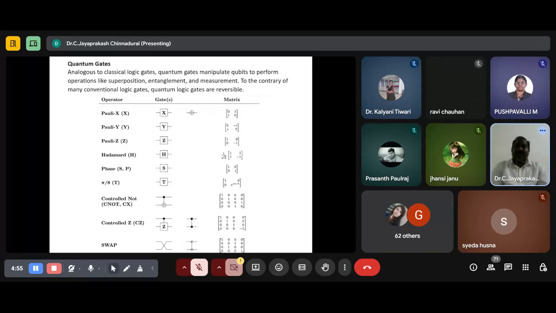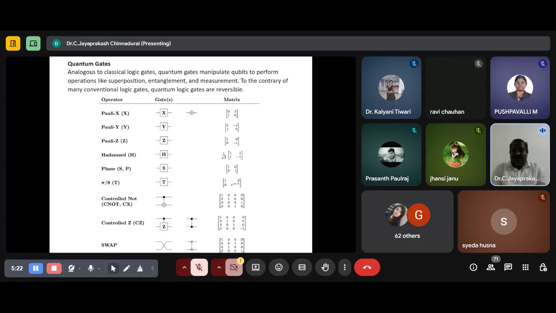The operator Pauli X is the X gate, and its matrix is 0 1 1 0. Pauli Y is the Y operator. See the symbol of the Y gate. What is the output? The matrix is 0 minus 1, 1 0. In the same way, Pauli Z, the Z gate, has the matrix 1 0, 0 minus 1.